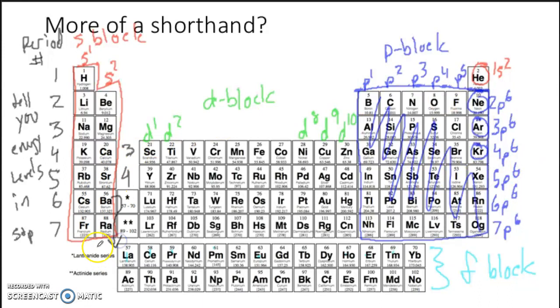Whoop, I jump down here, 4f14, back up, 5d10, 6p6, 7s2, jump down here to 5f14, 6d10, and ending in 7p6. That's the magic of the periodic table.